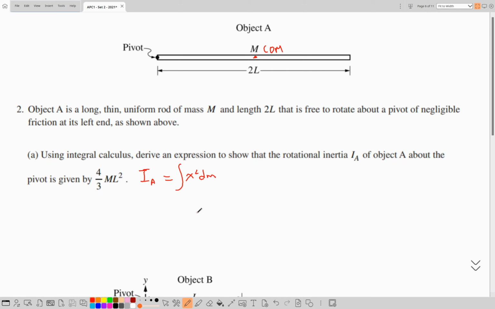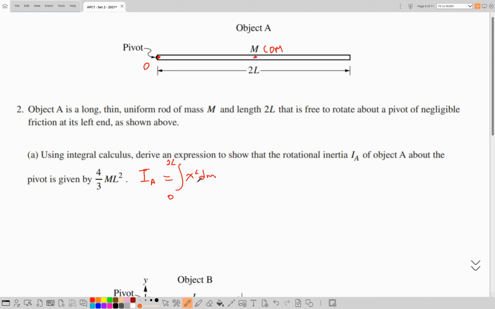We should perfectly set the boundaries and the origin. The boundaries are positions, which might be positive or negative, and they are set based on the origin. In such cases the origin is chosen to be the pivot itself, and we need to integrate over the whole mass. So our initial position is 0 and the final position is 2L.